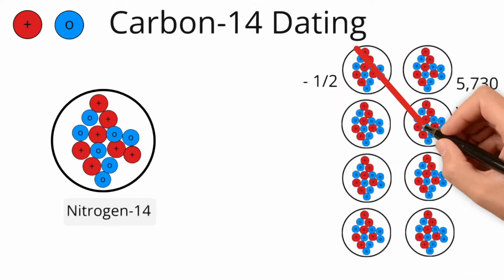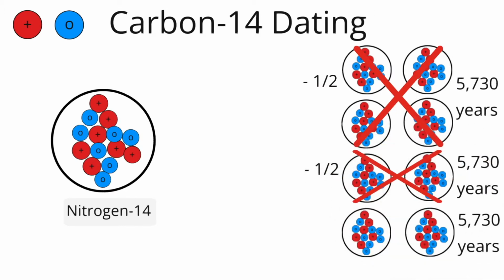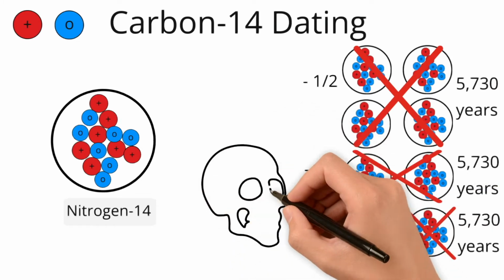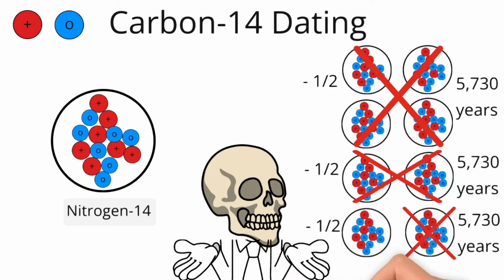For carbon-14, it will lose half the amount it had when it was alive every 5,730 years. This means that for fossils that are several 100,000 years old, like the hominid fossils we are studying, carbon-14 amounts will be undetectable.